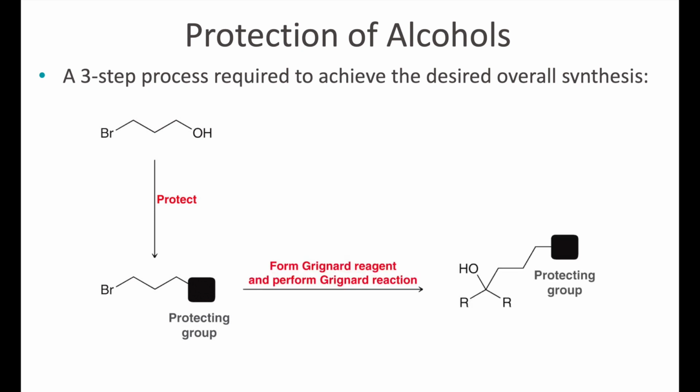And then you form your Grignard reagent and react it to attack a carbonyl to form your alcohol. Once you form your new alcohol with your Grignard reaction, then you may go ahead and deprotect the alcohol, removing the protecting group, right? Notice how we have created that diol that we wanted in the beginning, but it takes 2 extra steps to do so because of that incompatibility with the alcohol already present on your molecule.